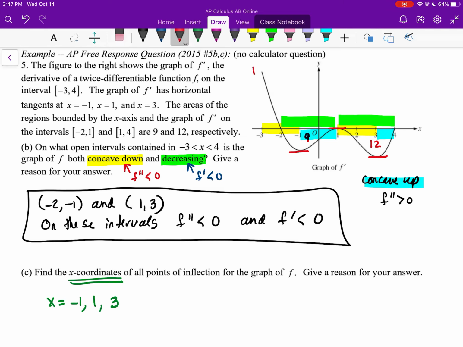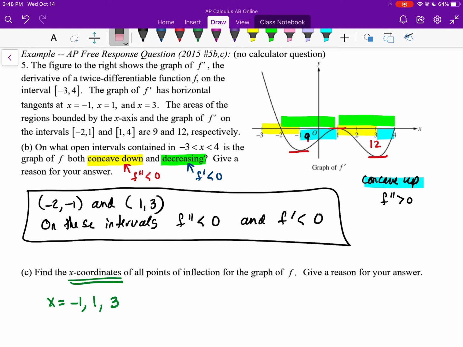Again, in this particular region, we had a negative second derivative, then it went to positive second derivative, then it went to negative second derivative, then it went to positive second derivative. They're asking us for a reason for our particular analysis, and we're going to say this.